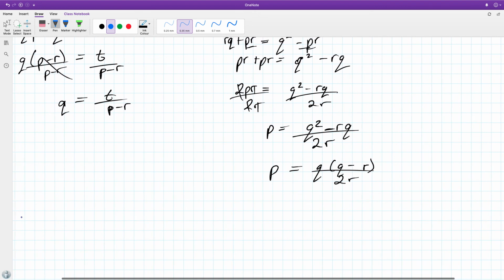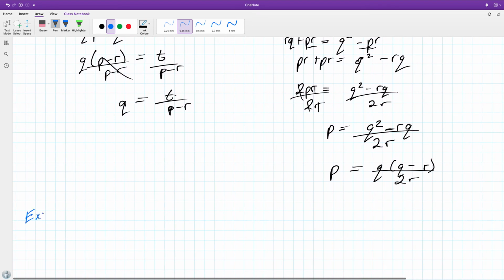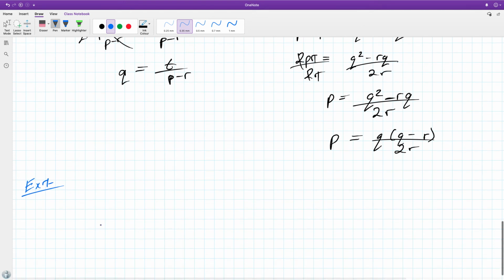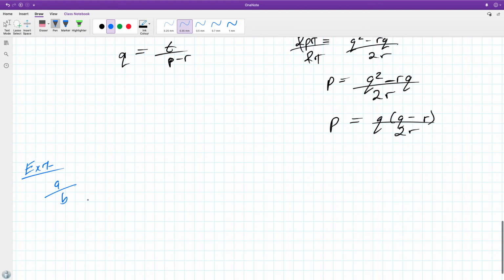Rearrange the following. Rearrange A over B is equal to B over C plus D and express C in terms of the rest. So try to get C on its own.